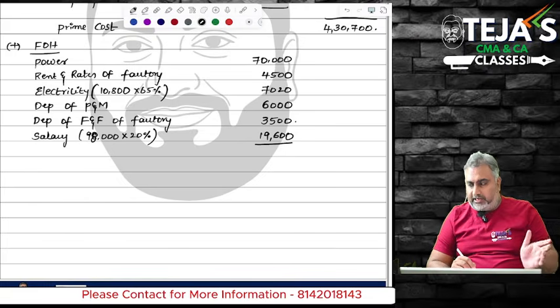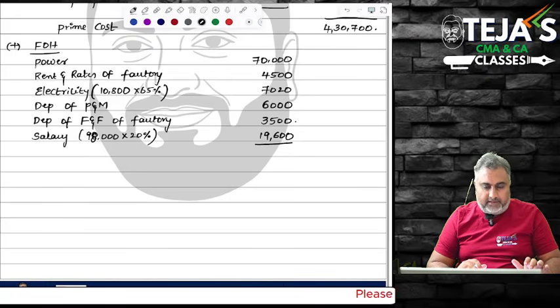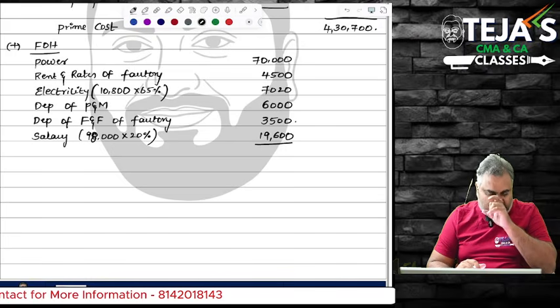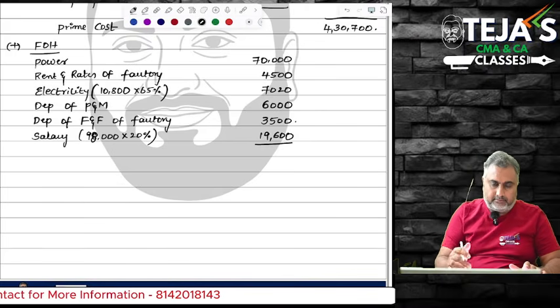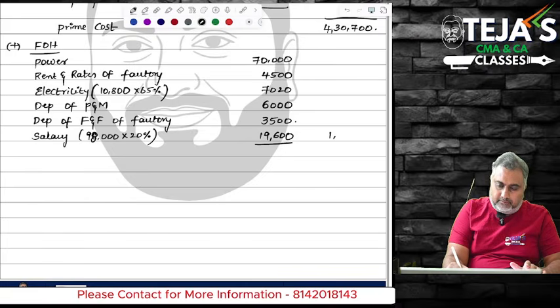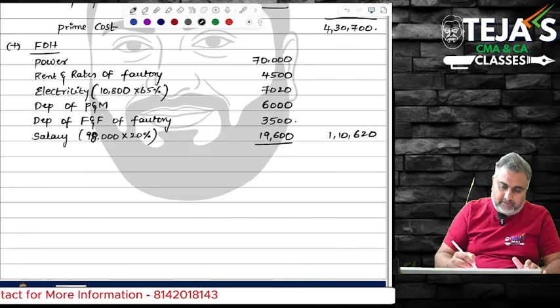Write down the total amount in the outer column. 70,000 plus 4,500 plus 7,020 plus 6,000 plus 3,500 plus 19,600 gives 1,10,620.